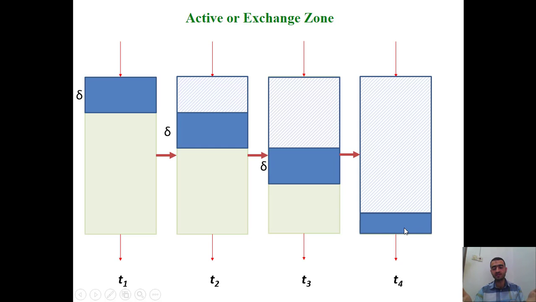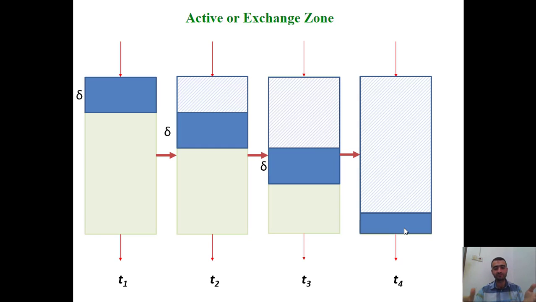If we continue using this system, we will lose all the active zone and the whole exchanger will be exhausted, so we must go to another process to replace or regenerate the ion exchange.